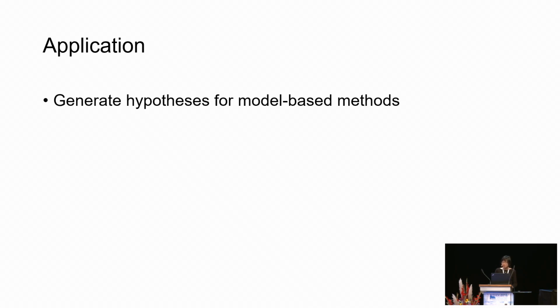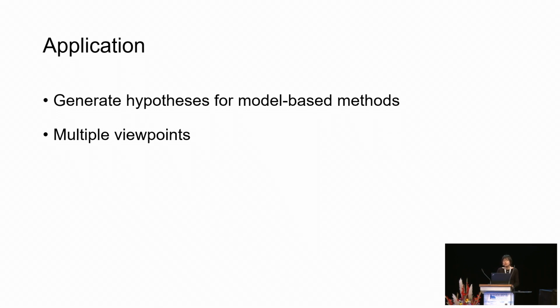So HMDN can be easily embedded into other methods. The distribution can be used to generate hypotheses, or we can use it as a loss term for a model-based method. Also, the product of the distributions from different viewpoints will have a peak response near the ground truth.